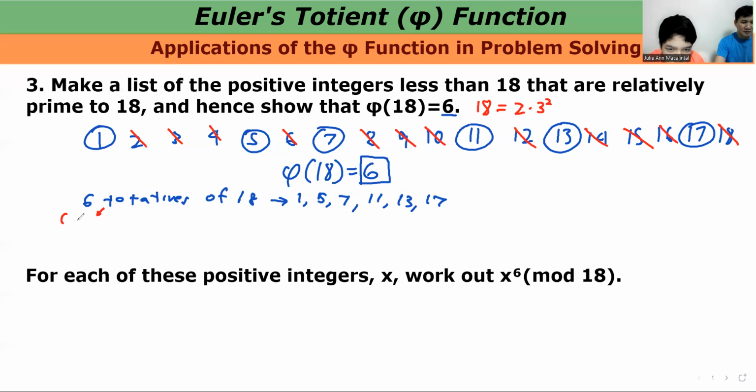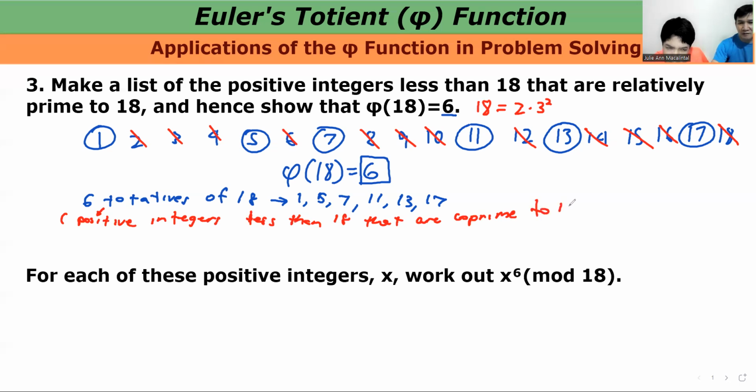So totatives are positive integers less than 18 that are co-prime or relatively prime to 18, meaning they don't have any common factor with 18.